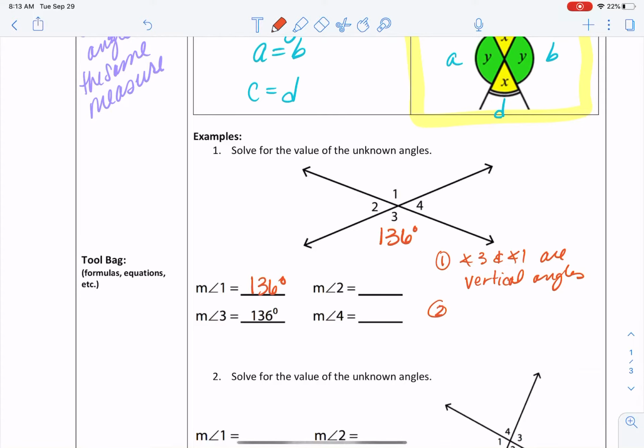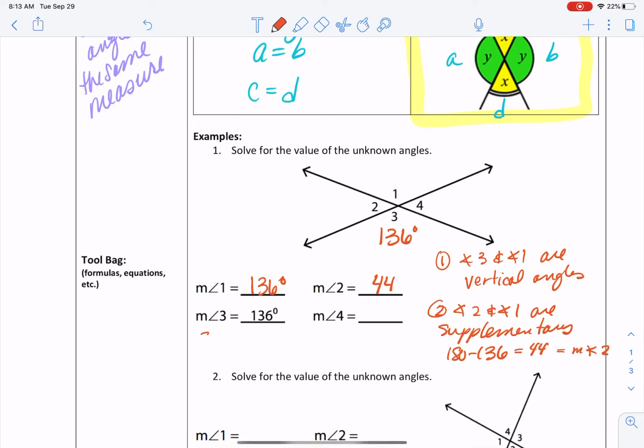Then I can say that angle 2 and angle 1 are supplementary. So then I can say that 180 minus 136 is 44, which is the measure of angle 2.